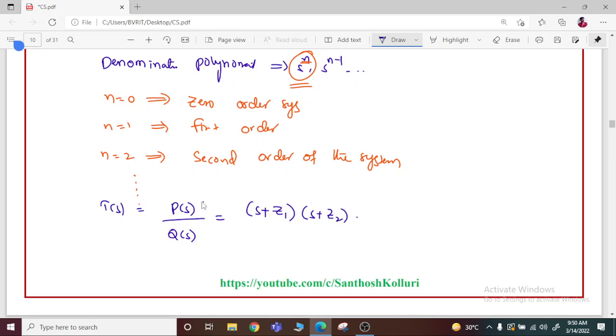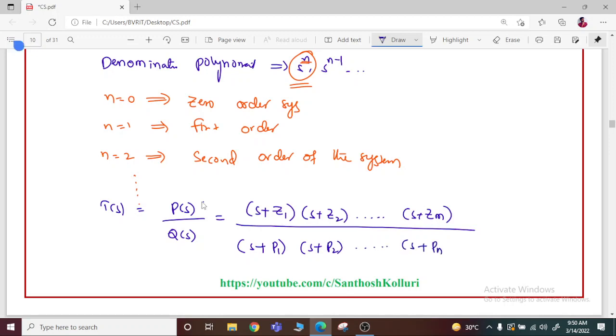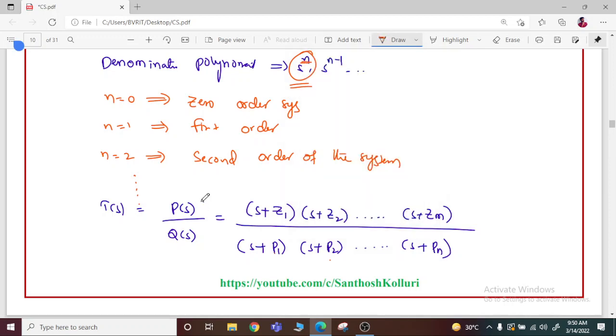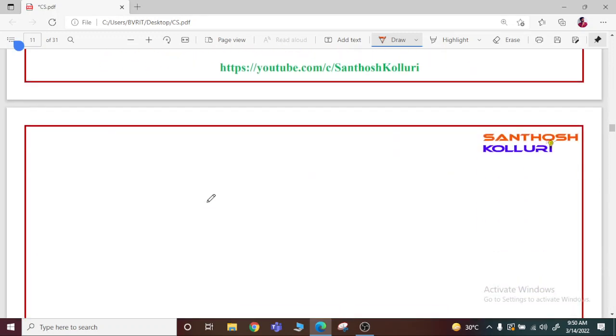So I am representing it like this: s plus z1 up to s plus zm divided by s plus p1, s plus p2 up to s plus pn. So here z1, z2, z3 are the roots of the numerator polynomial, and p1, p2, pn are the roots of the denominator polynomial. The roots of the numerator polynomial I am calling zeros.